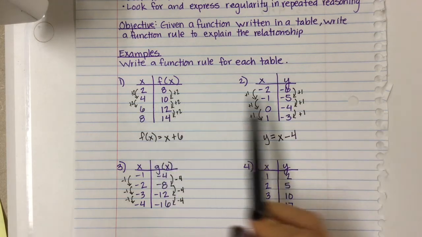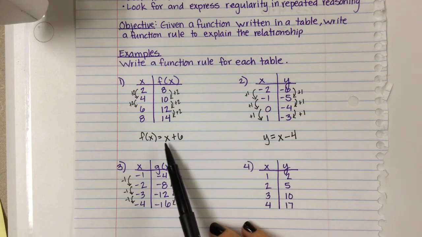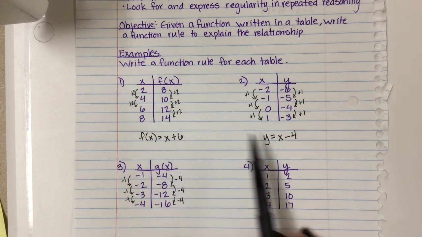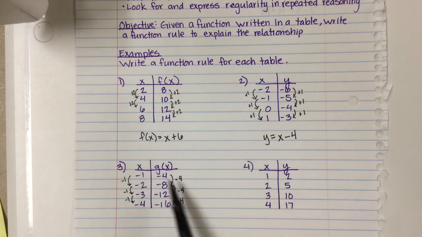So that's something different than what's happened on the other ones. So I might see a different type of rule. Notice how this one was just x plus 6, this was x minus 4, very similar rules. Now this one I have something different happening, so let's see what happens with those rules.